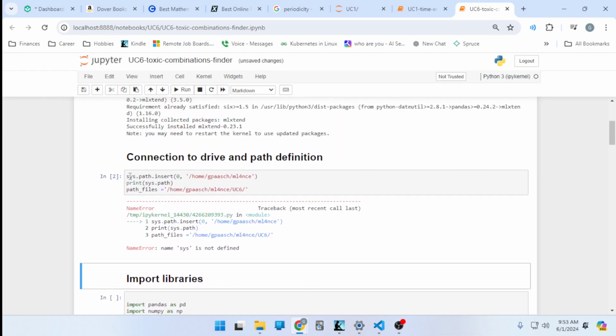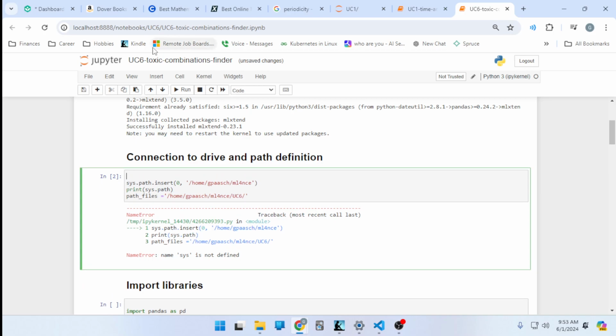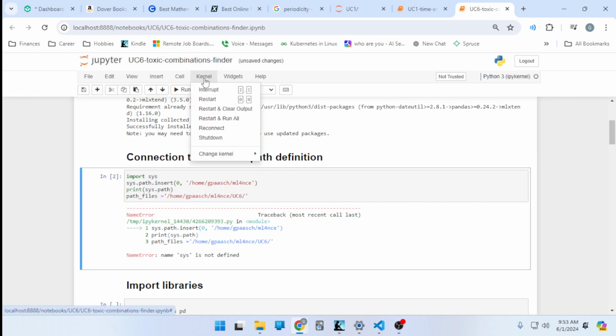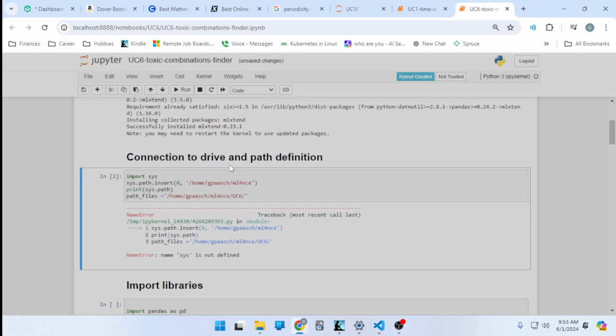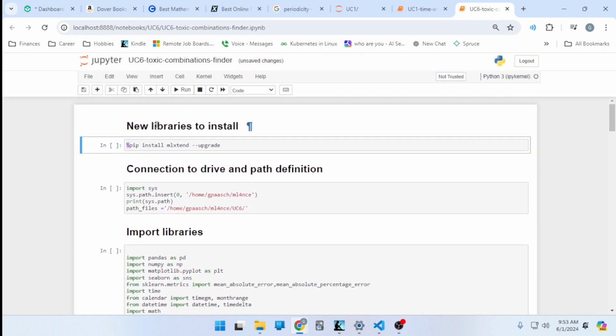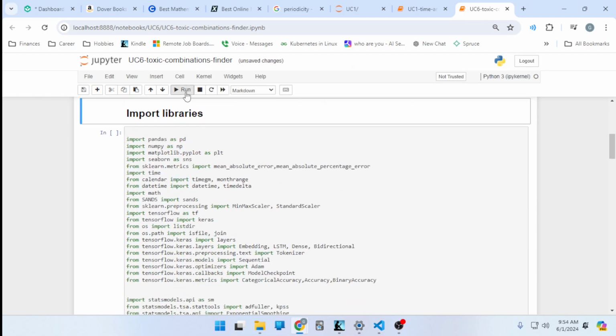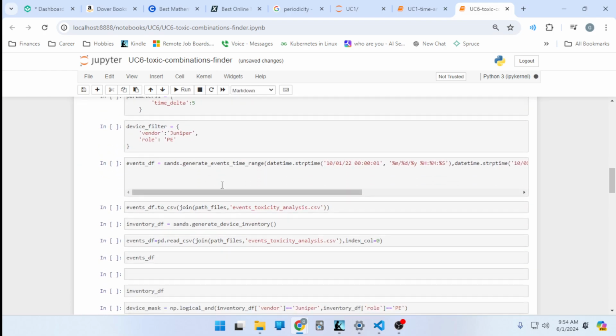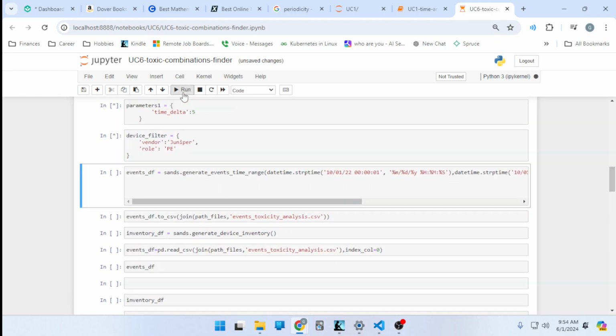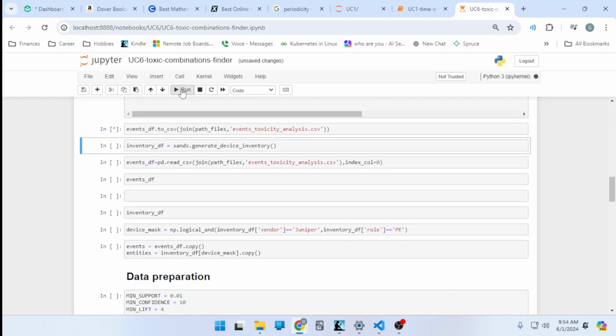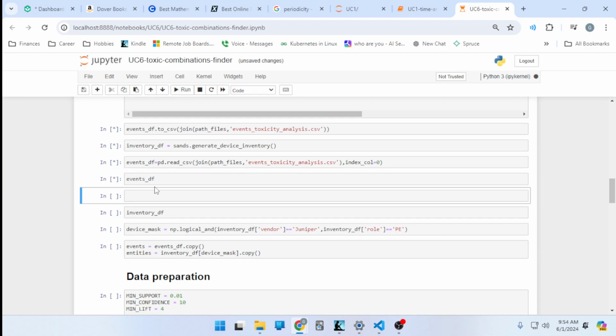Oh, so forgot one line here. Import sys. All right, so we'll get this events_df to print.